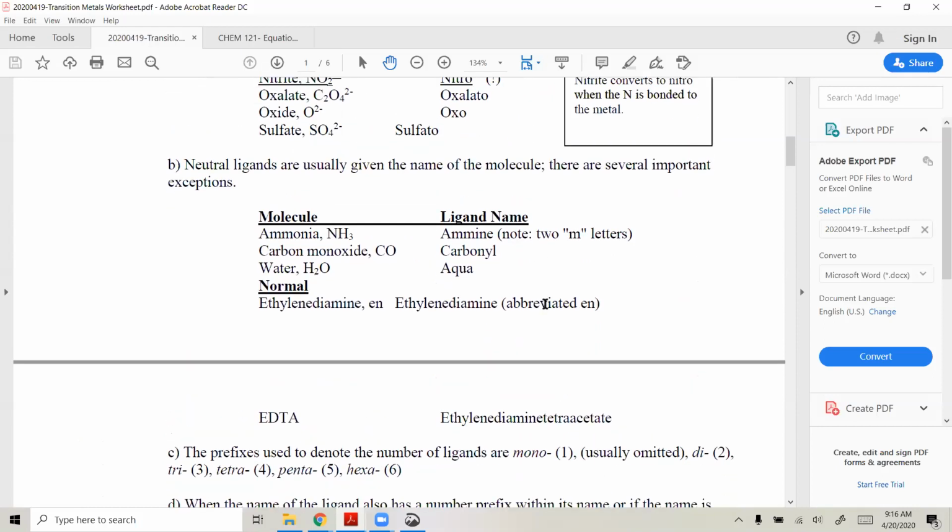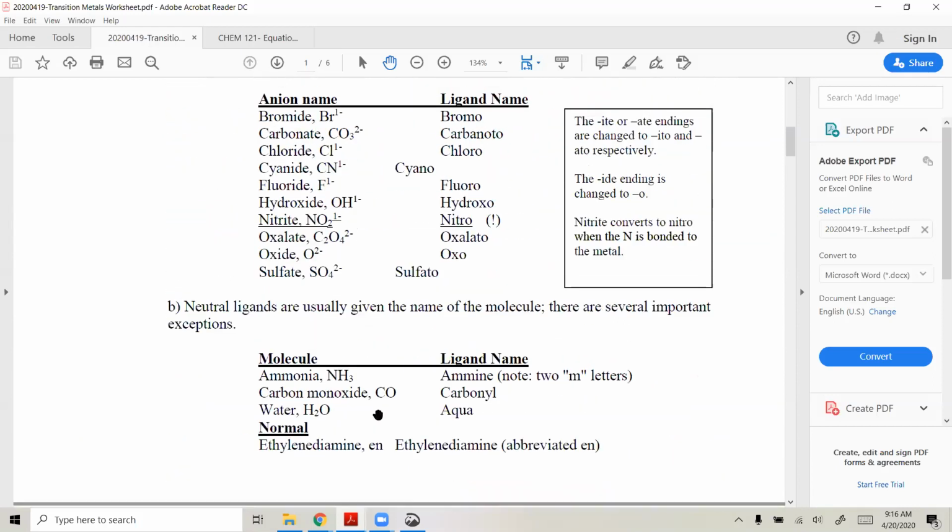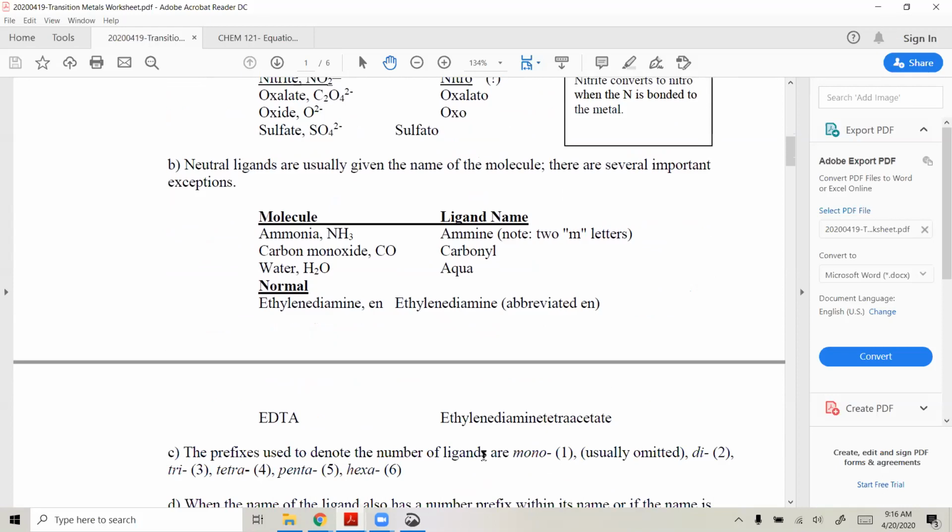So in the same way that when you name covalent compounds, our prefixes are going to be mono, di, tri, tetra, penta, and hexa. In your slides, I do give you your bis, tris, and tetrakis, which are used if you have a ligand that already has one of these prefixes in it.